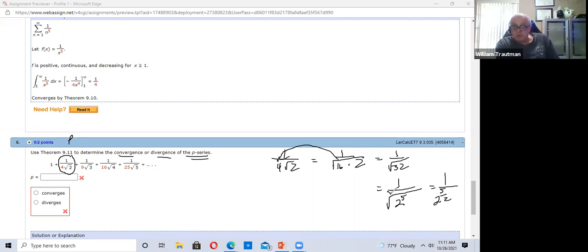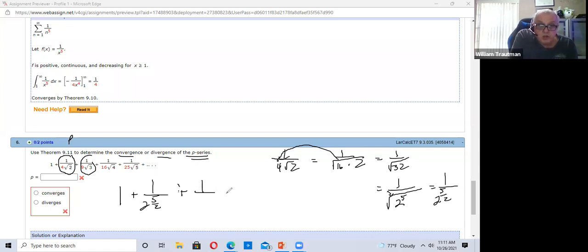This is the square root, the 2nd root. So this becomes 1 plus 1 over 2 to the 5 over 2. And then we do the same thing. If you look at this, it's 1 over 3 to the 5 over 2.